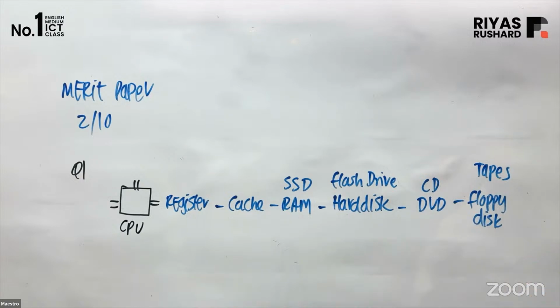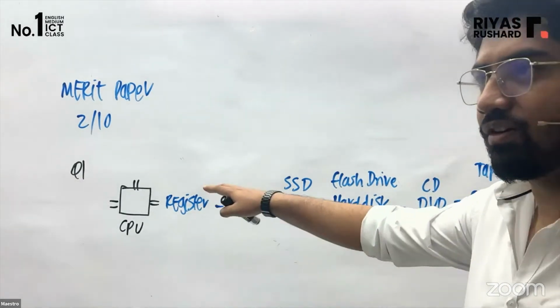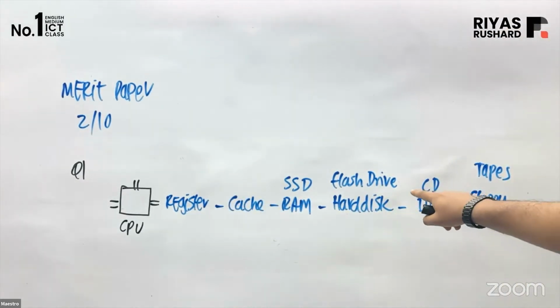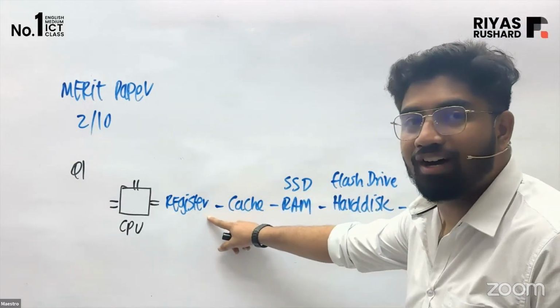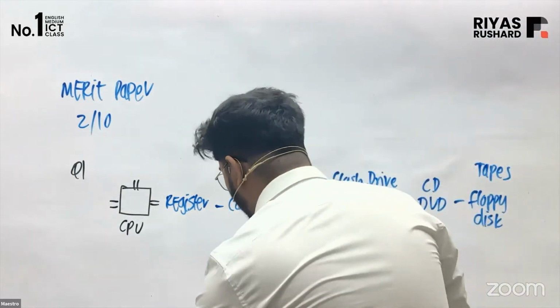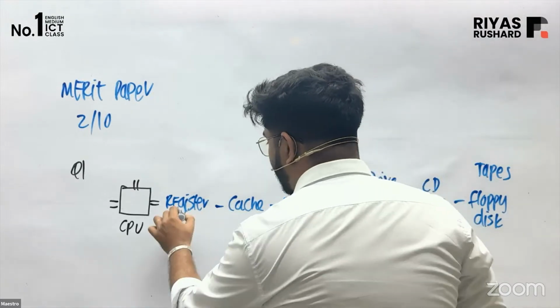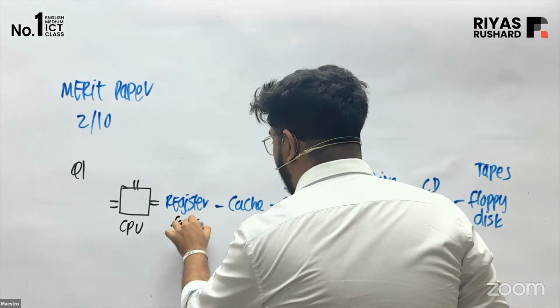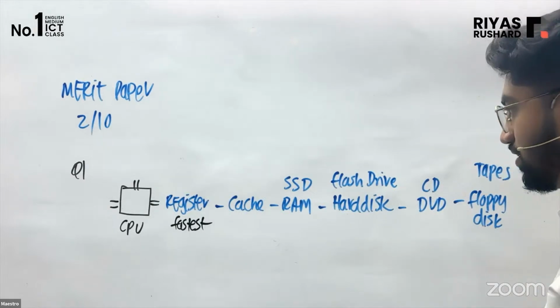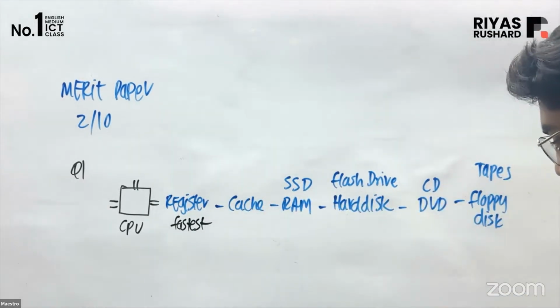Of all these types of memories, register is the fastest among all, followed by the others one by one.